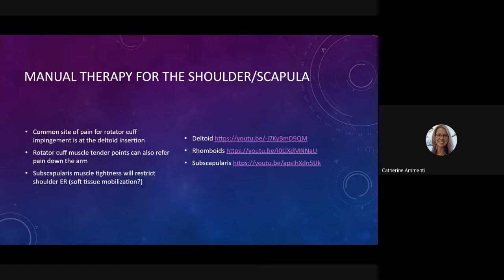It may be a referral pain from a tender point in one of the other more proximal muscles. The subscapularis muscle, when it's tight, will restrict shoulder external rotation. So I want you to consider how it would be possible to do soft tissue mobilization on that subscapularis.